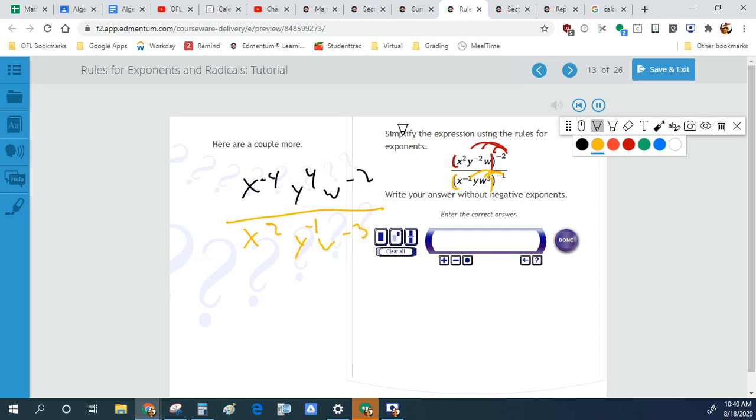This is y to the -1. So now when I do this, I'm going to use that rule where I subtract. So I'm going to do all my x's first. X to the -4. The 2 is on the bottom, so we're going to subtract that 2 because it's on the bottom. I'm going to do my y's.